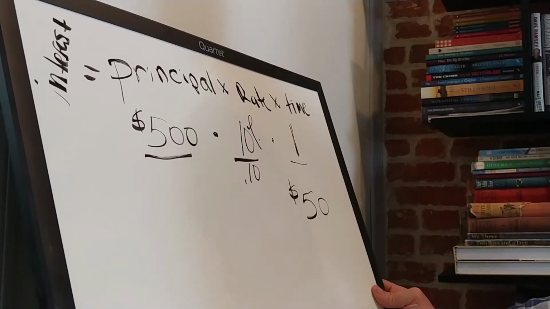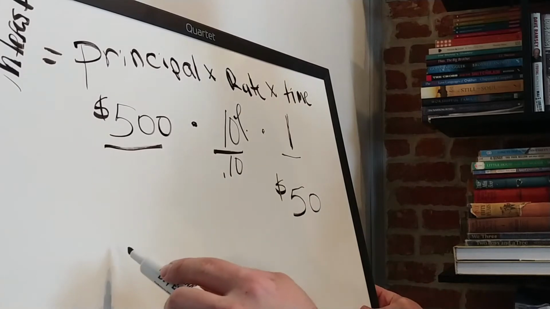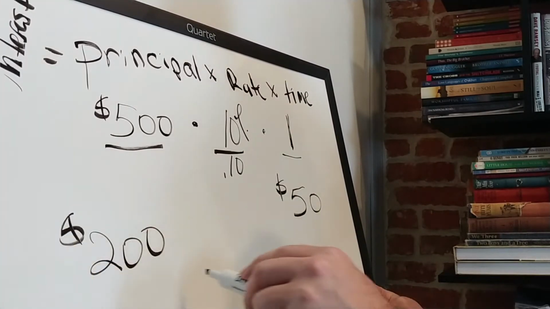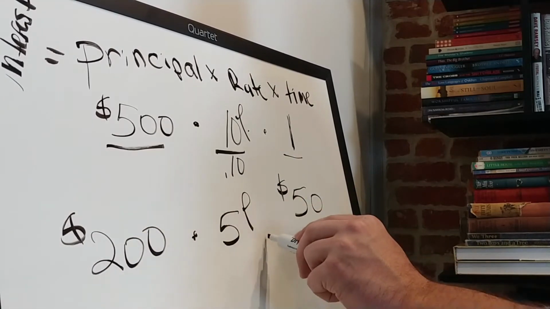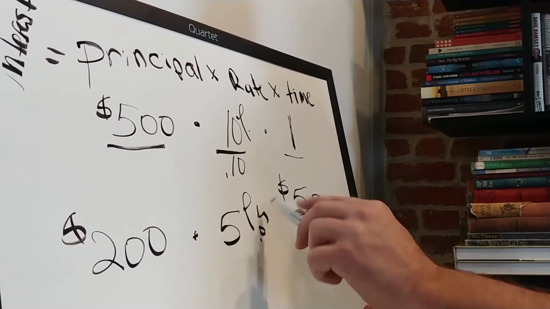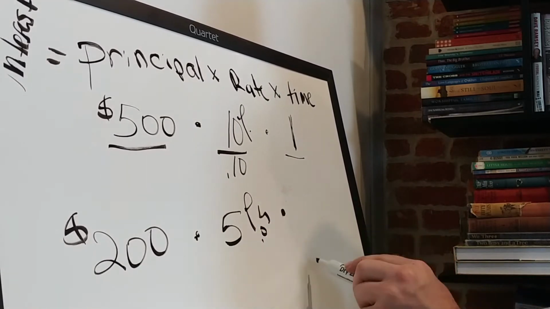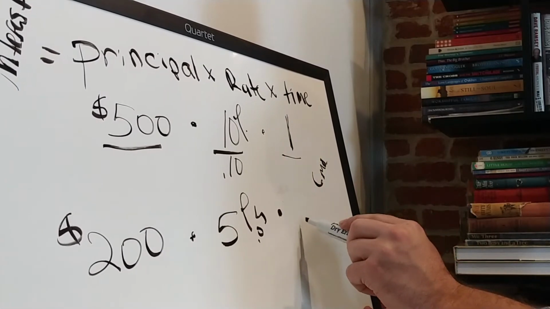Simple interest. Now, let's say you borrow $200, principal's 200, at 5% or 0.05 for 6 months. That would be 1/2 year.